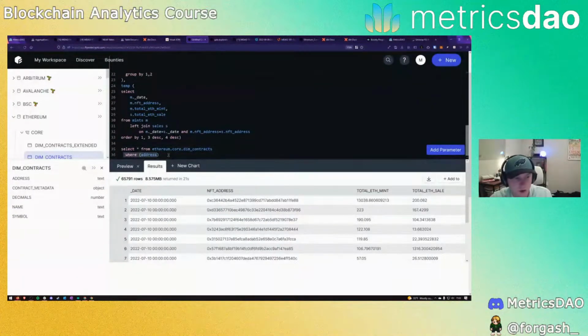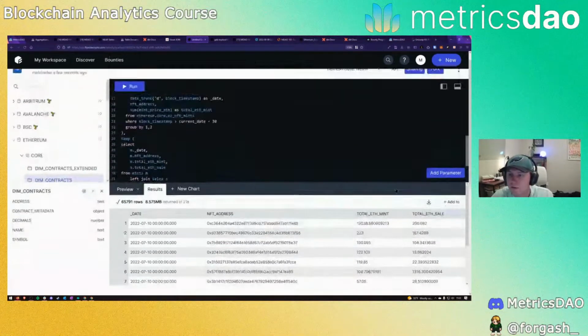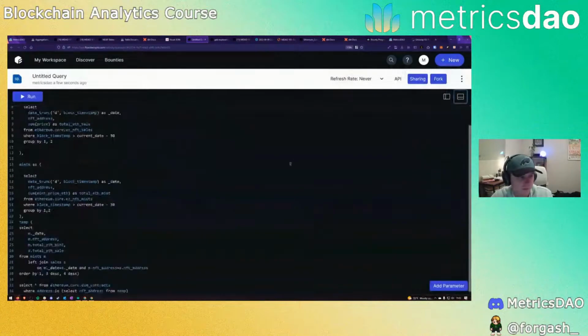So this is a where clause. Actually, put that outside of the parentheses. In, and then we can simply say select NFT from temp. The screen's gotten a little messy, so let me hide that and hide that.